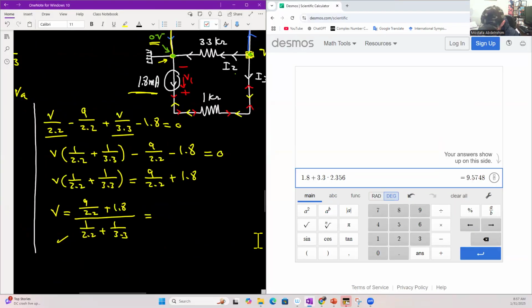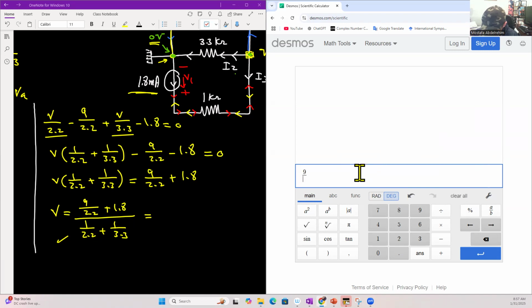Okay, guys, we are back. So we have here the Desmos calculator online. I have some calculations from before, and we're going to calculate this one. Of course you can use your own calculator, that's fine, but I like to use Desmos. Why? I'm going to show you now. We have the numerator 9 divided by 2.2 plus 1.8, put in a bracket, and divide by 1 divided by 2.2 plus 1 divided by 3.3.